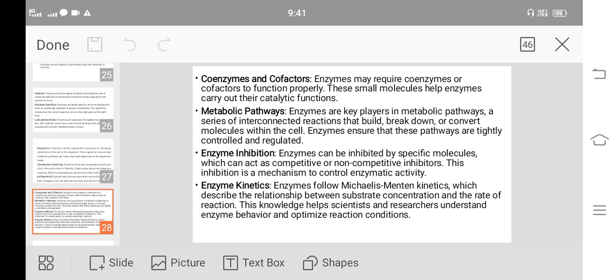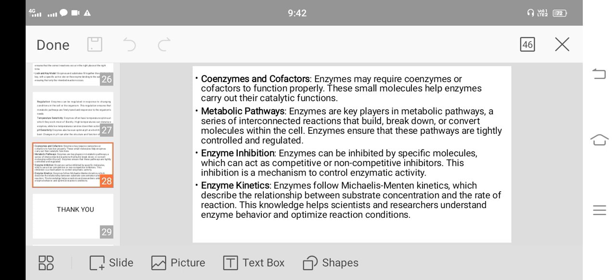Enzymes are also involved in the inhibition process, like competitive and non-competitive enzyme inhibition. Enzymes can be inhibited by specific molecules which can act as competitive or non-competitive inhibitors. This inhibition is a mechanism to control enzyme activity.